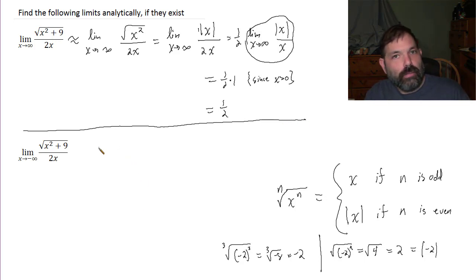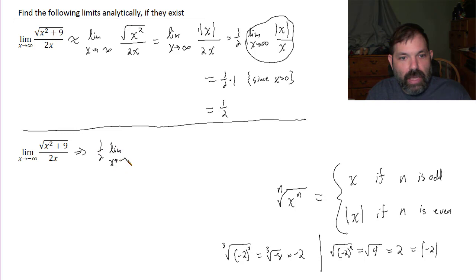Now, if we follow the same sort of process on this next example, notice that we have the limit with x approaching negative infinity. All of the reasoning is the same. So let's take it to this point. We'd have 1/2 limit x approaching negative infinity of absolute x over x.